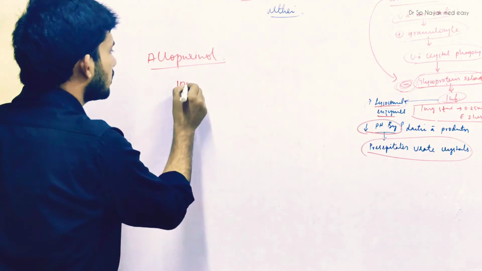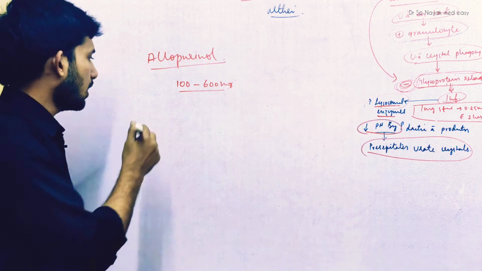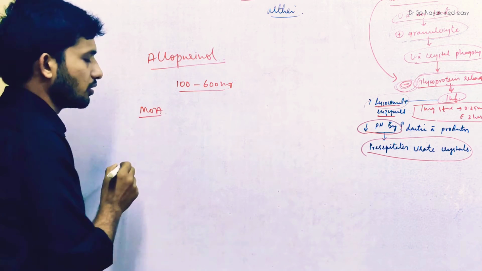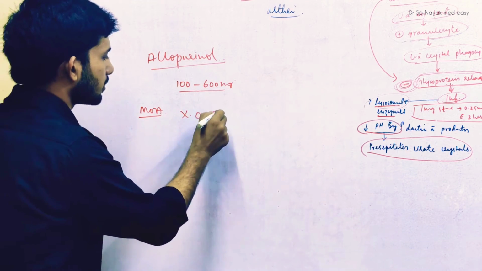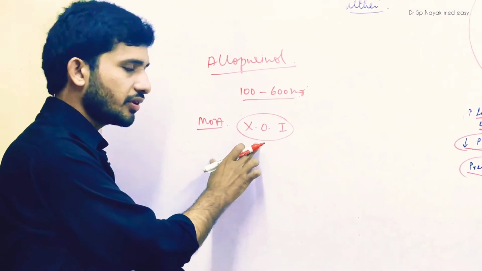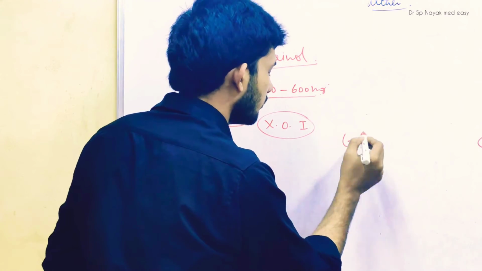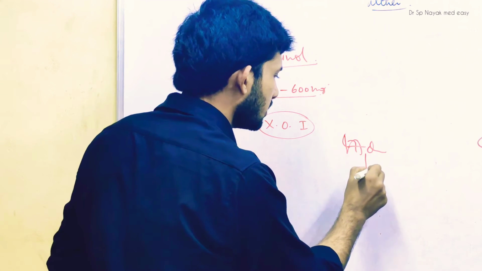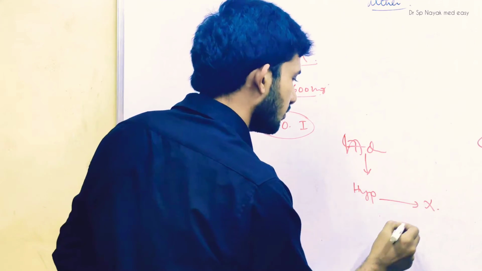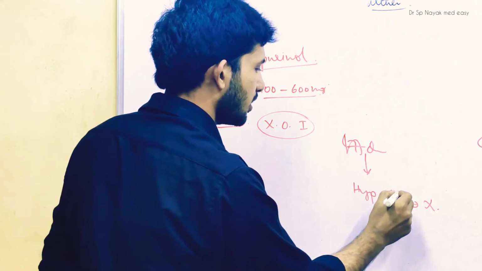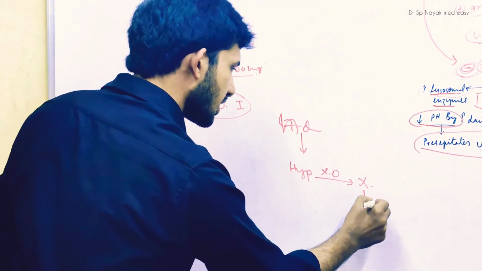Commonly 100 to 600 mg is the dose of allopurinol, and let us see the mechanism of action. Remember guys, allopurinol is a xanthine oxidase inhibitor. Xanthine oxidase is a very important enzyme, as we have discussed earlier. We have guanine and adenine. Adenine is converted into hypoxanthine, and hypoxanthine is converted into xanthine by an enzyme called xanthine oxidase, and xanthine is converted into uric acid by xanthine oxidase.